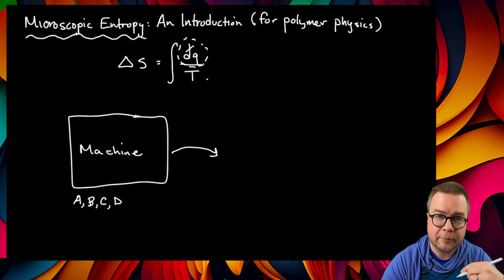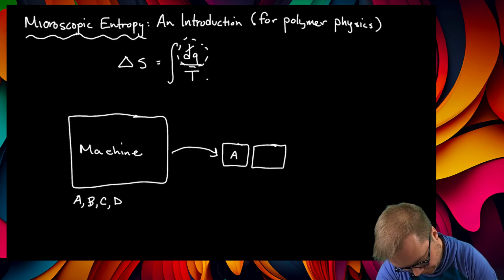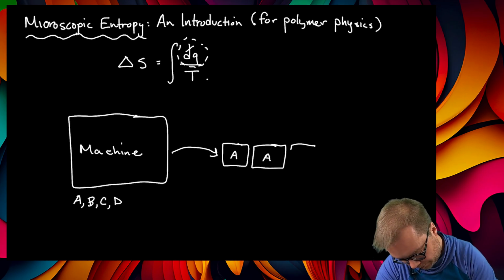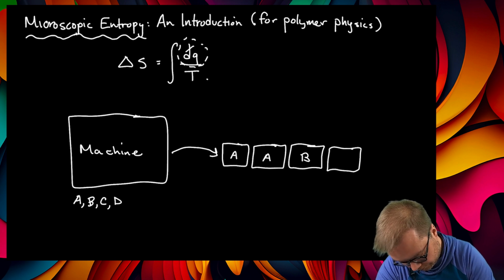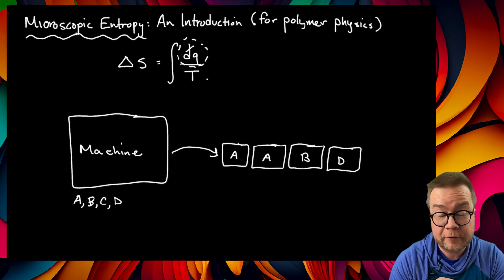Let's say the sequence looks something like this. The first letter it spits out is an A, then another A, and maybe we got a B, and then a D or something like that. So that's what our machine has spit out to us.